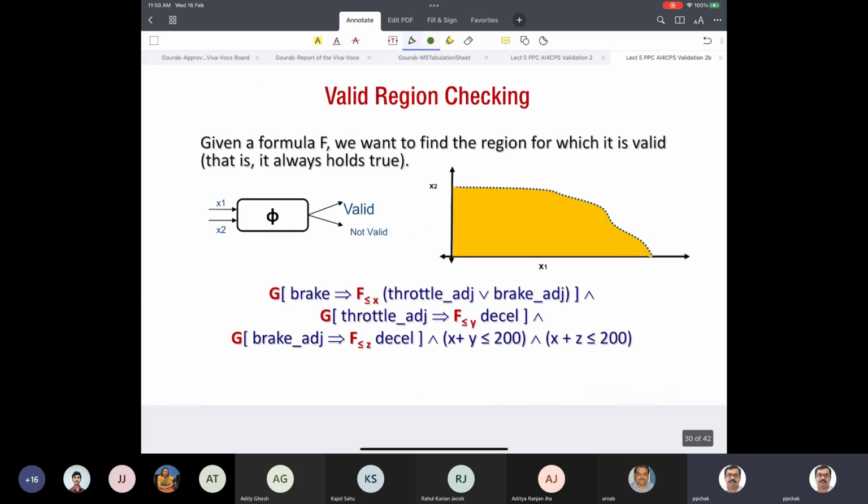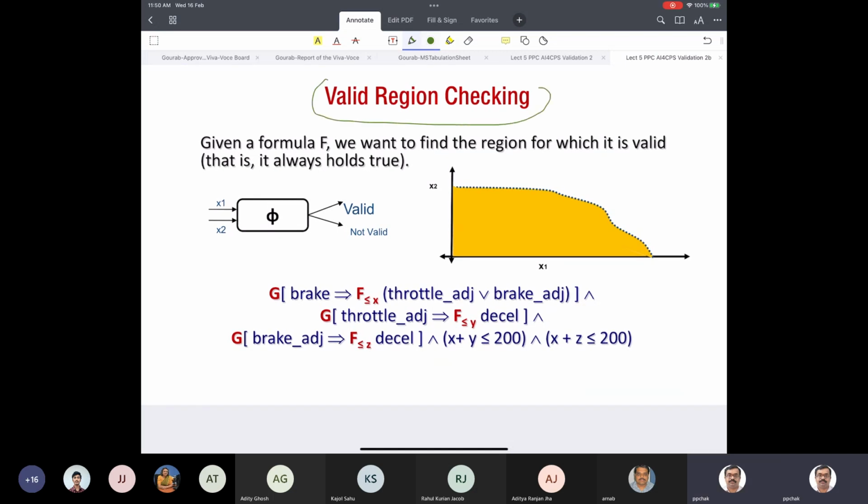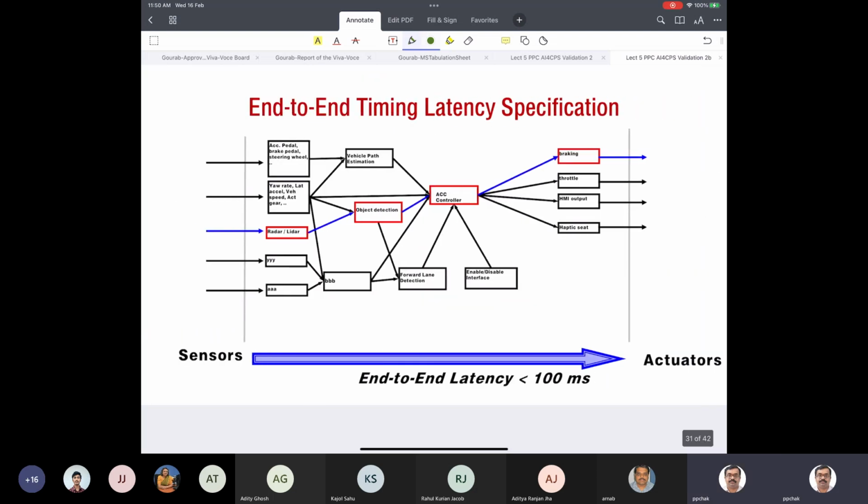That is another mathematical problem, which is called valid region checking. I just want to share with you some names so that you can understand the gamut of the problem that we are addressing. End to end, the timing latency of a cyber physical system from sensors to actuators has to be formally verified.